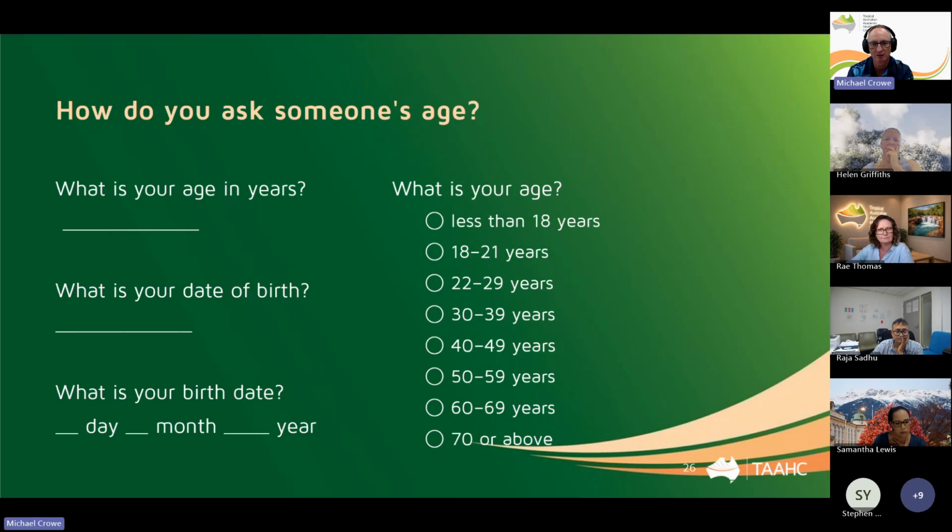Now, there could be a really good reason. If, for example, you're doing research with people in that late under-18s up to mid-20s range. But then if that's the case, why are you asking whether people are 70 or above? It's very inconsistent.